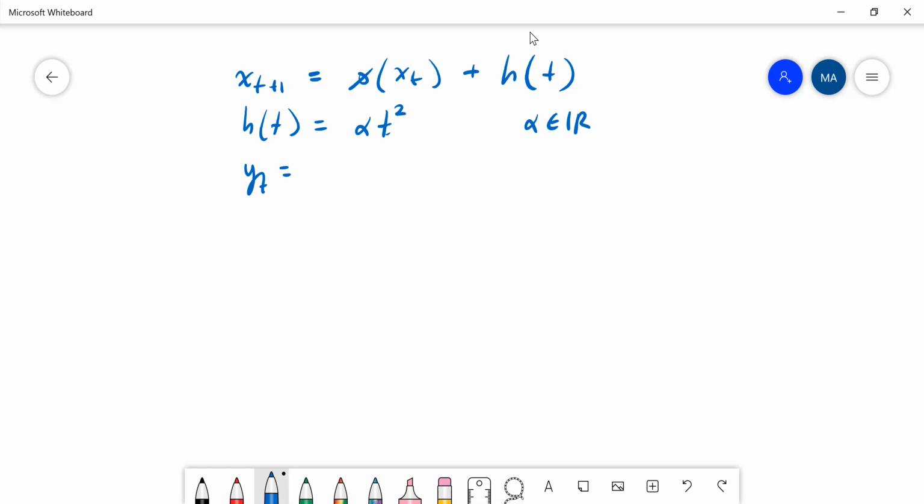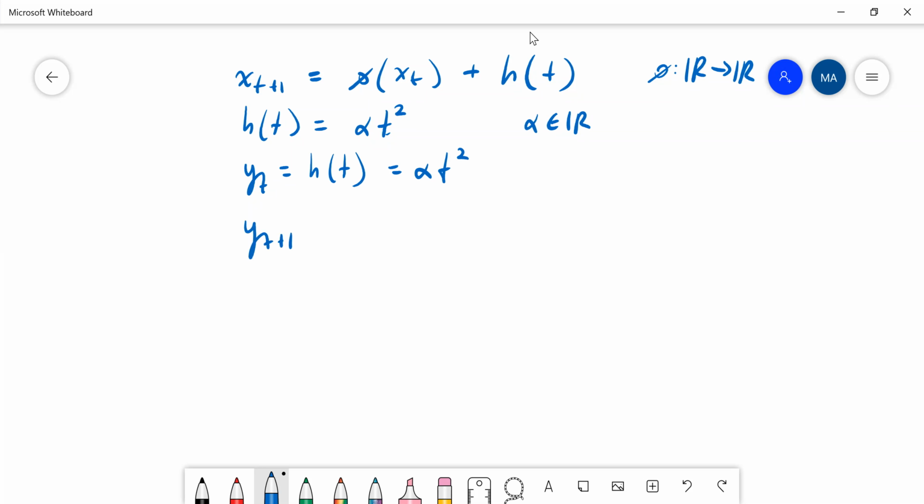Suppose that x is just one variable, so here phi is from R to R. Now I define y_t as h_t, so y_t becomes alpha t squared.